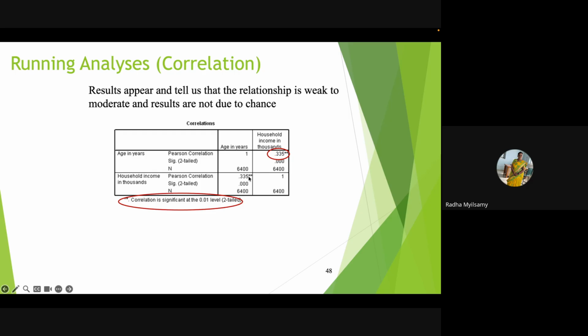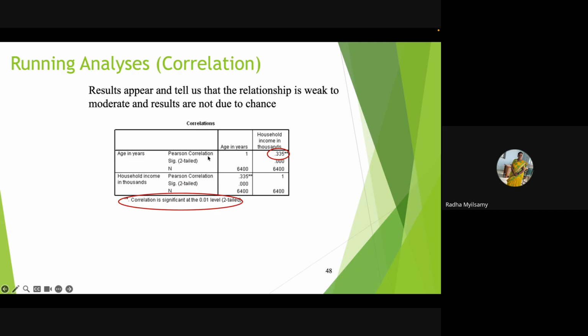Within the results, we have star options. Star options test whether our results are significant or not significant. If we have only one star, it means it is significant at the 0.05 level. If we have two stars, it means it is significant at both the 0.01 and 0.05 levels.